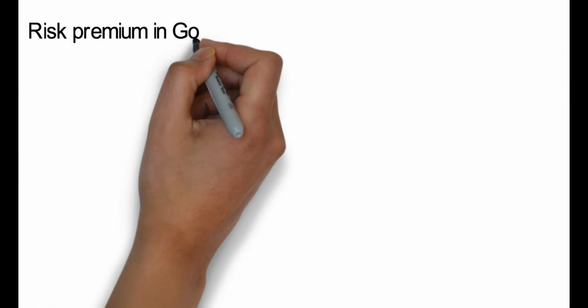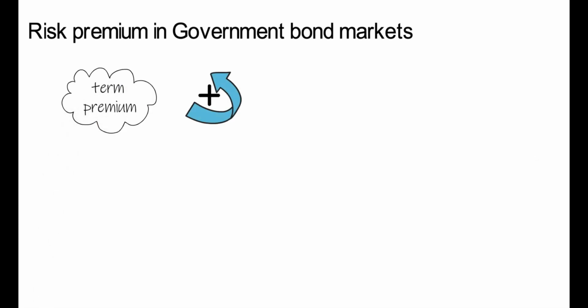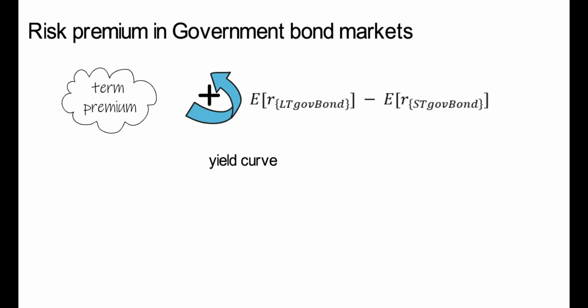Now let's turn to the static risk premium in government bond markets. The bond risk premium in the government bond market is also called term premium. It quantifies the additional return that long duration bonds pay over short-term bonds. The slope of the yield curve is a noisy signal of the bond premium.